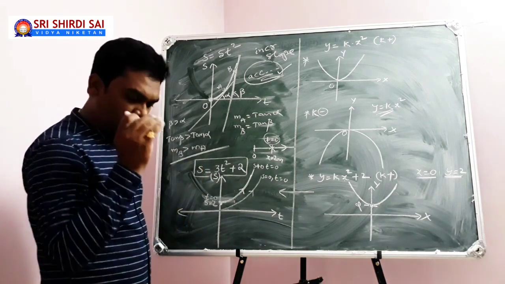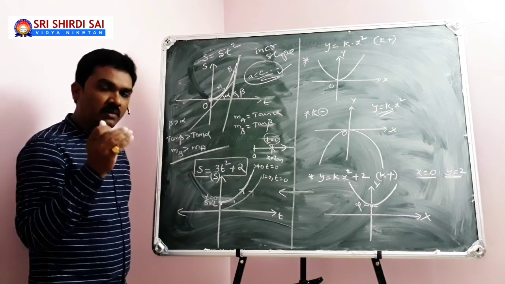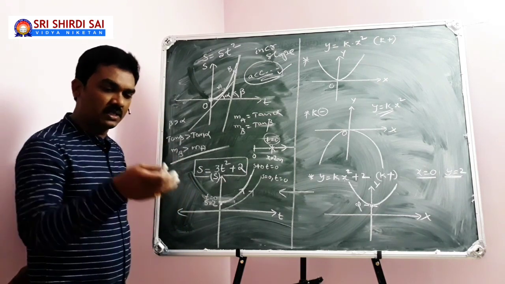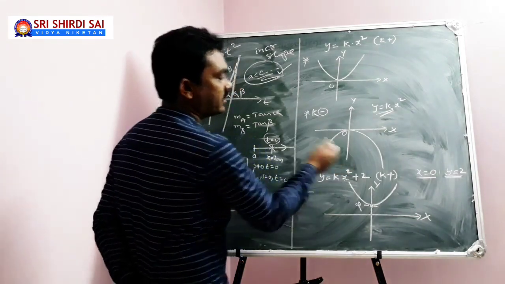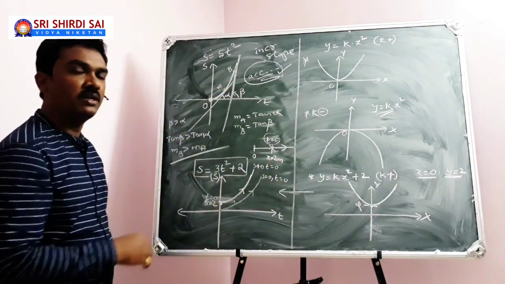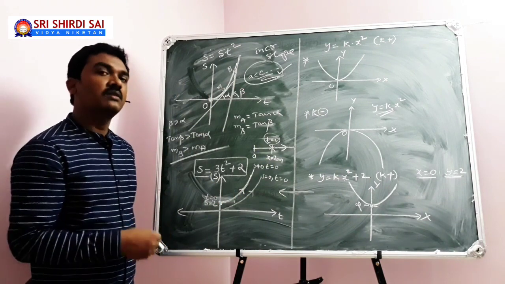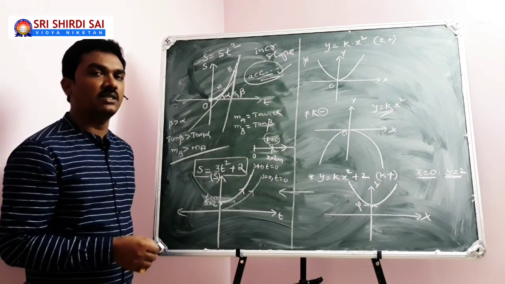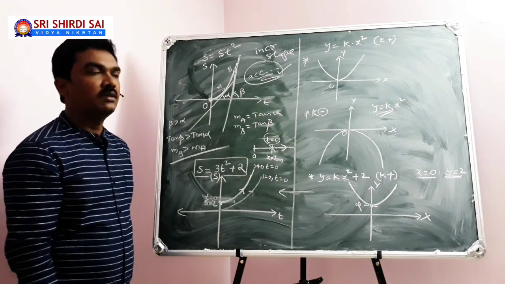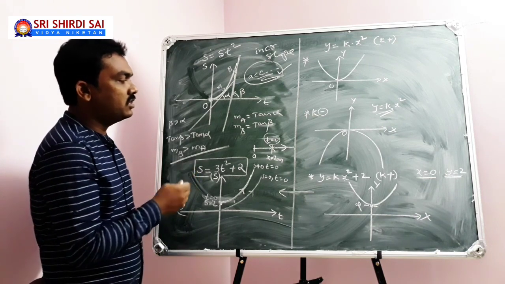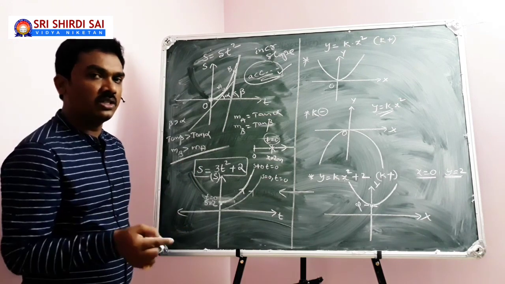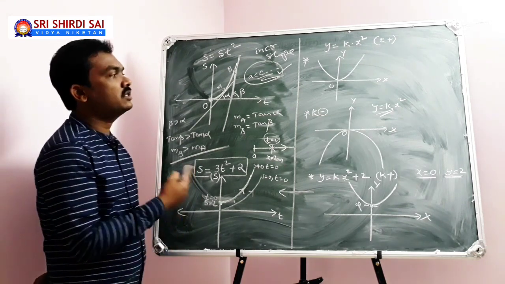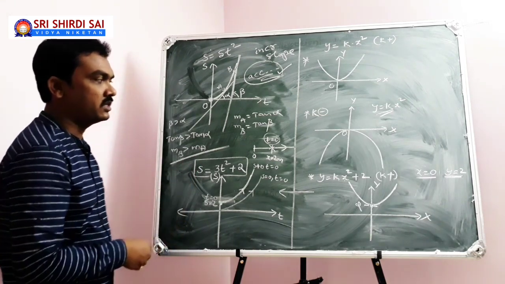My intention is, first of all, you should know the mathematical equations like y equal to mx plus c, kx square and all, and the shape of the graphs and their significance just briefly. When it comes to physics, I will discuss in detail, then you will get more clarity. My intention is just to introduce to you, since you have zero knowledge in this area, so I explain all this analysis briefly.